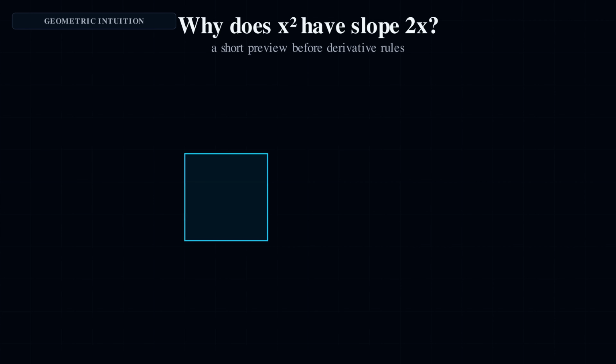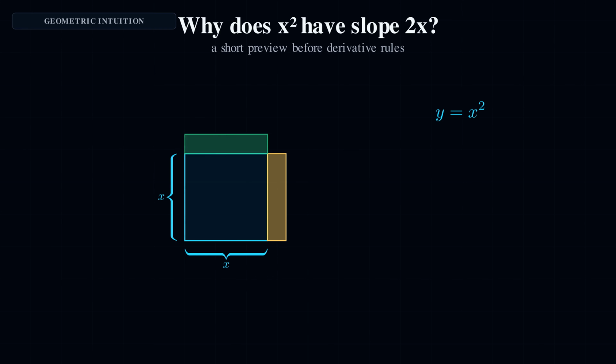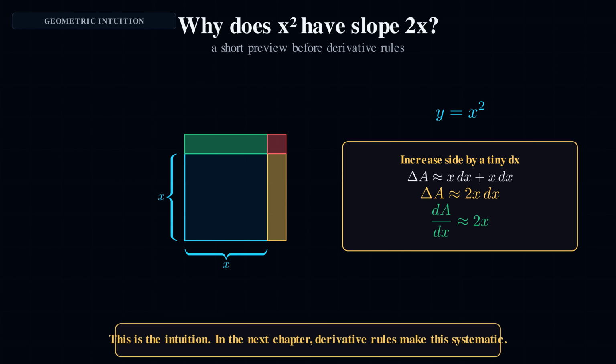There is another beautiful way to feel why derivatives make sense. Take y equals x squared. Think of x squared as the area of a square with side length x. If the side grows by a tiny amount dx, the area grows by 2 thin strips. One strip has area x times dx. The other strip also has area x times dx.